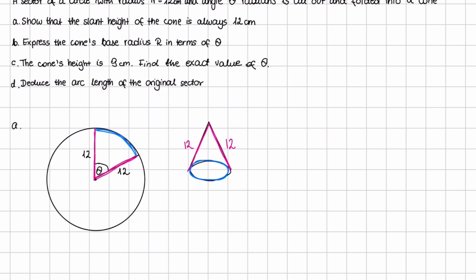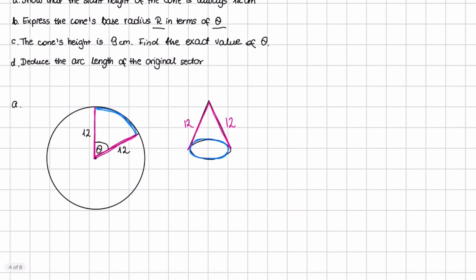And in B we have to express the cone's base radius r in terms of theta. So in our equation we can have only two unknowns, capital letter R and our angle, and of course pi, because pi we treat it as a value, so it will be also in here.